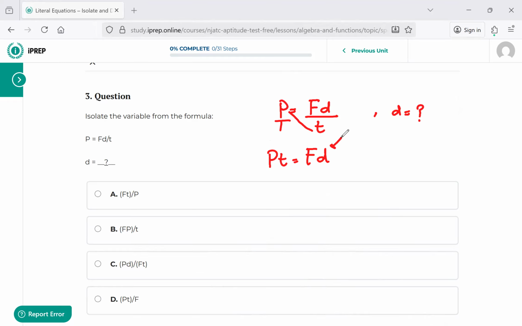So now you got to solve for lowercase d. All you got to do is get rid of this big F by dividing both sides by big F. So you get small d equals big P t all over F. Okay, so letter D.